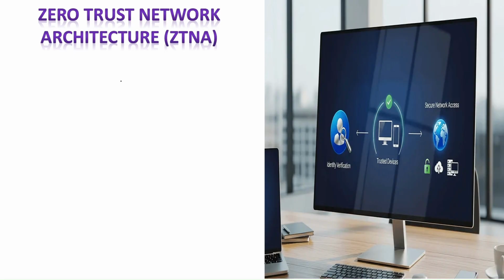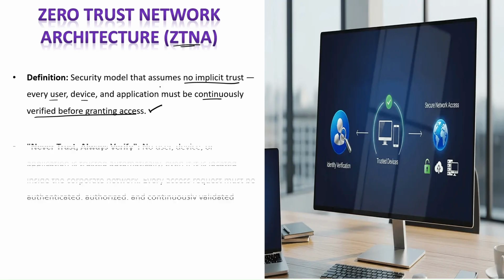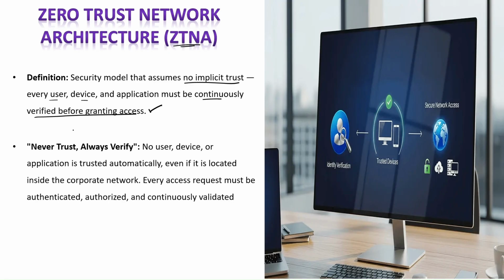The first one is Zero Trust Network Architecture, or ZTNA. It is a security model that assumes no implicit trust. This means that every user, every device and application must be continuously verified before granting access. Never trust, always verify. Traditionally the slogan was trust but verify.